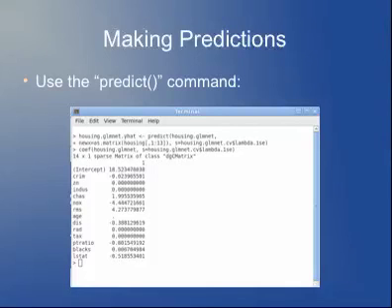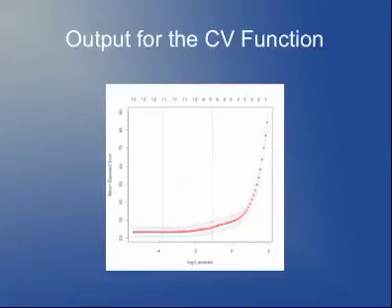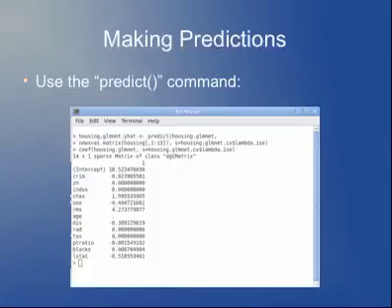So in other words, rather than having to squint at this plot and say, lambda looks like it's about e to the minus 1.2 or whatever the case may be, I can just say housing.glmnet.cv$lambda.1se, it will give me that lambda automatically.